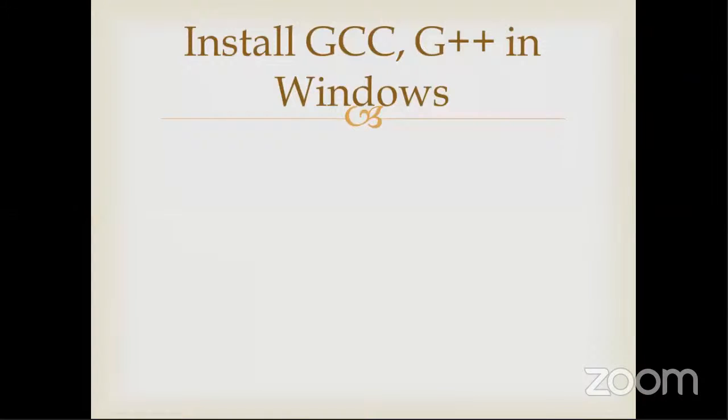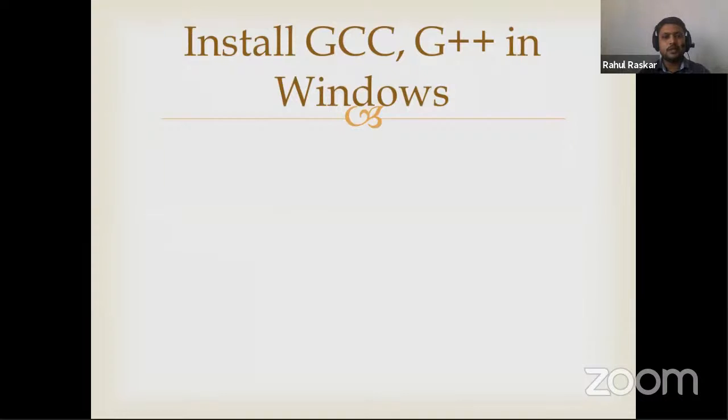So what is GCC? What is G++? When you have to do C programming, the GCC compiler, the GNU C compiler, must be present in your system. And if you have to execute a C++ program, then the G++ compiler must be installed in your system.